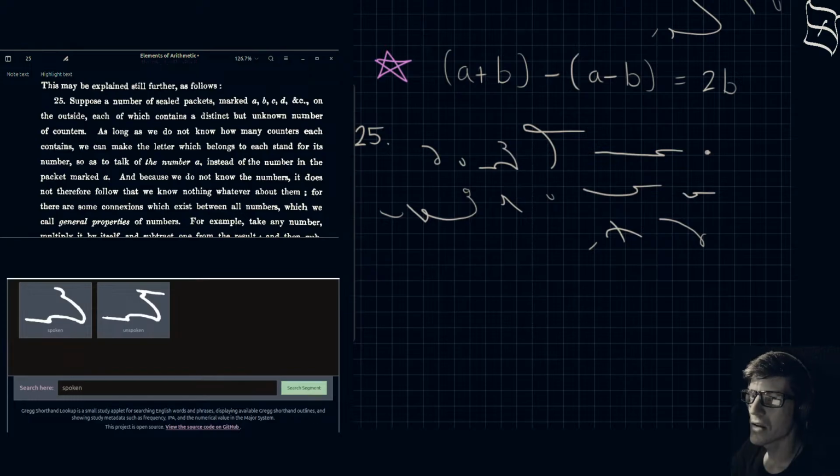We can make the letter which belongs to it stand for its number so as to talk of the number A. A number may be spoken of with no knowledge of its explicit or certain quantity.